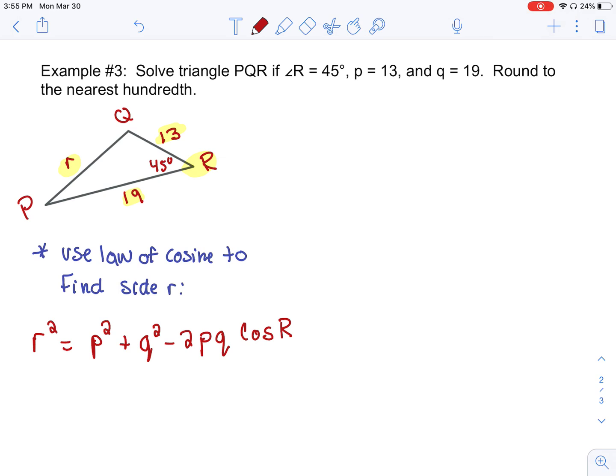I just go through and look at the relationships. I'm looking for R squared. I'm going to use the two sides that are given, 13 squared plus 19 squared minus 2 times 13 times 19, and the cosine of the angle that is given, which is 45.